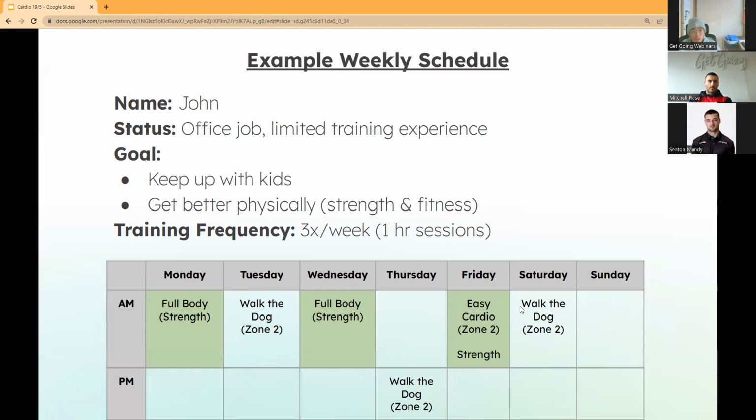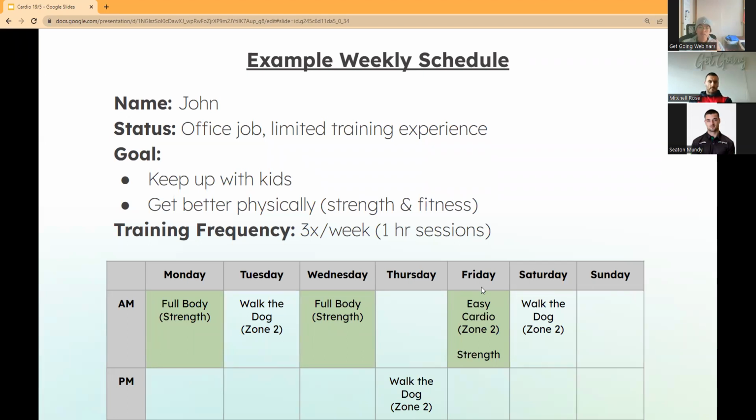Another point to note here is you want to separate your strength session, your weightlifting, away from your cardio sessions. So Monday, gym work, Tuesday, walk. The reason why we might do both on Friday is because the cardio on this day is easy, so it's low impact, low intensity.